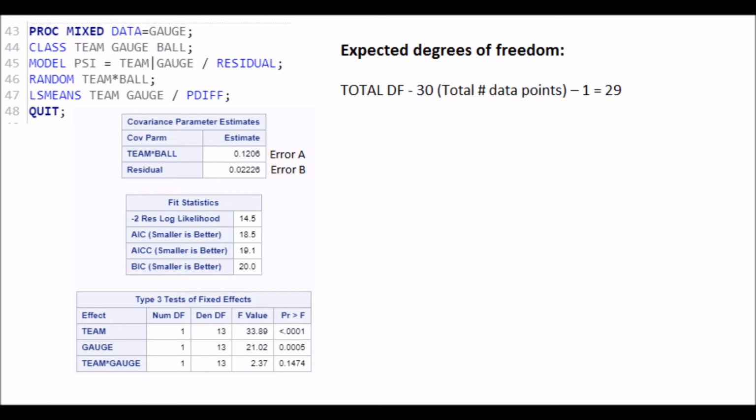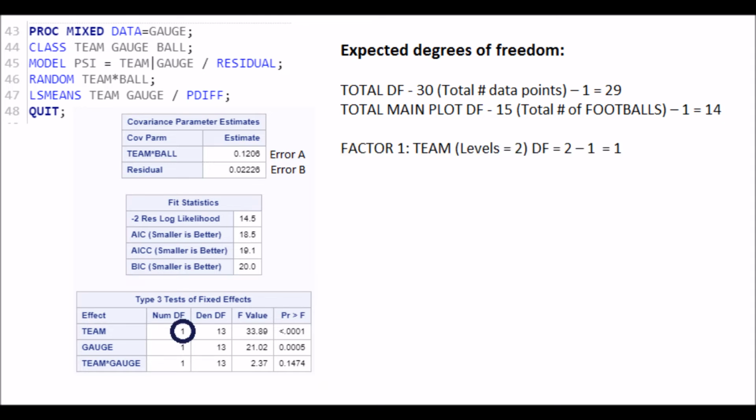The total number of degrees of freedom we should have for this ANOVA is 29. We know this because the total degrees of freedom will be the total number of data points minus 1. But we also know that the total number of degrees of freedom we have for the main plot factor, team, is only 14 because we only have 15 independent footballs. Estimating the effect of team will cost 1 degree of freedom because team has 2 levels.